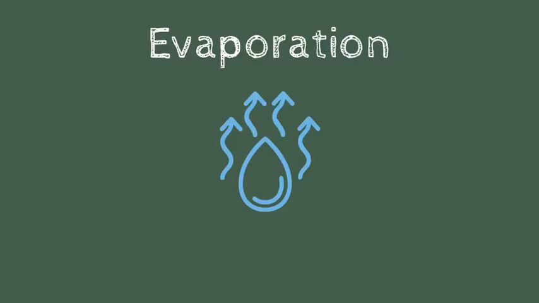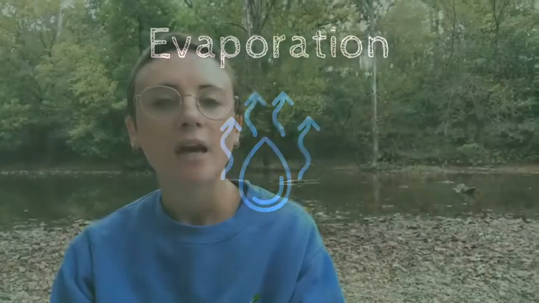When water changes from one state to another state, there's usually special vocabulary words about that change. So one of those words is evaporation. Evaporation happens when liquid water warms up and turns into a gas.